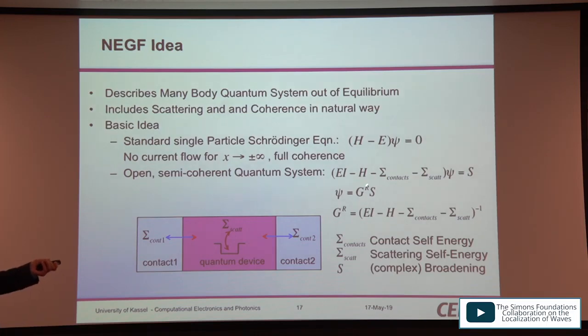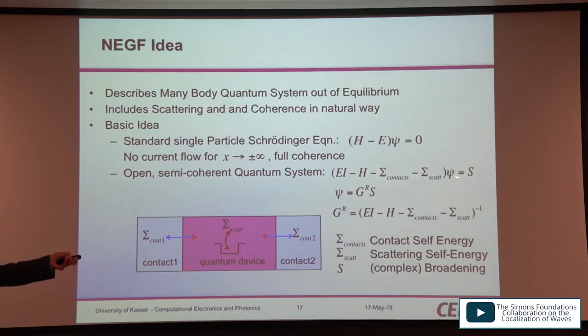So what Keldysh actually proposed was that one can add complex valued self-energies to the system in order to include scattering and contacts. So we make an open system out of this closed system by adding contact self-energies and scattering self-energies, and we include a broadening on the right-hand side.